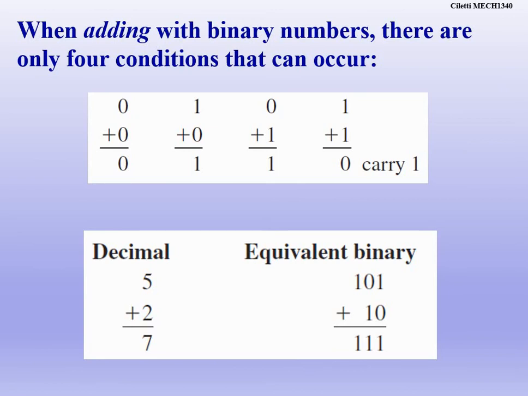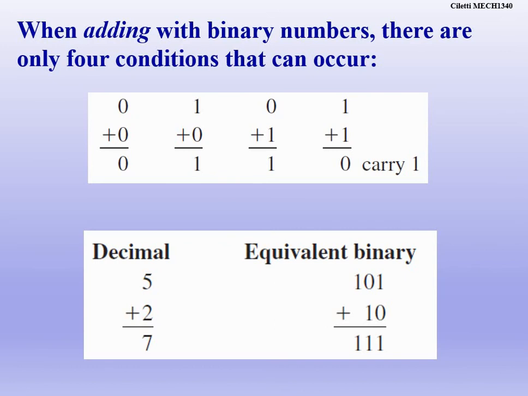So let's take a look here at how we do some addition. If we take the number 5 plus 2 in decimal, we know 5 plus 2 is 7. Now, 101 is 5 in binary, and 010 is 2 in binary. If we add these together, you add just like old school math. 1 plus 0 is 1, 0 plus 1 is 1, and 1 plus 0 is 1, so we would get 1, 1, 1.